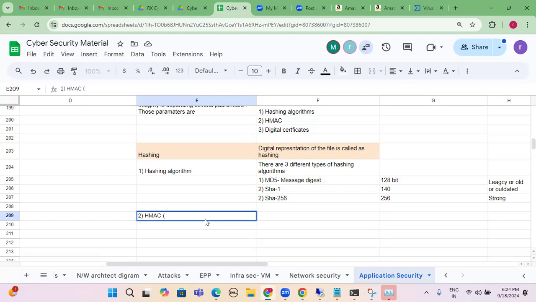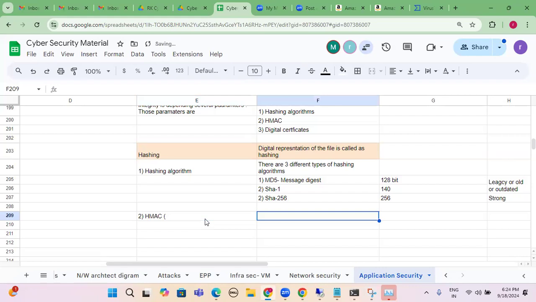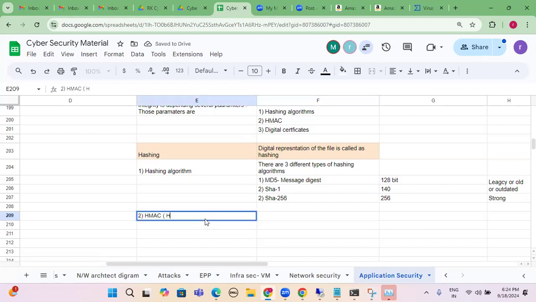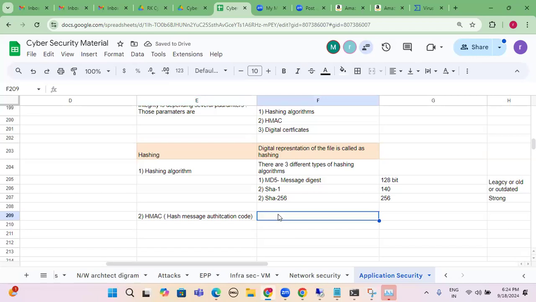Here, HMAC is hash message authentication code. What exactly does this represent? The body of the content of the file. If someone changes it, will the integrity change or not?